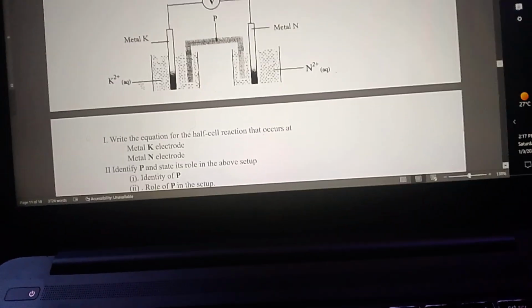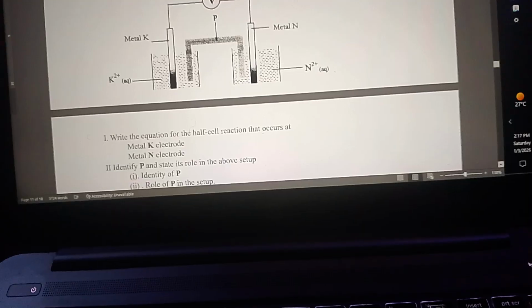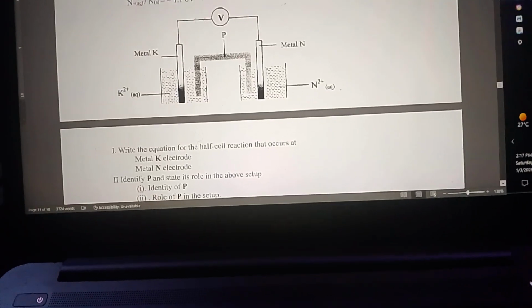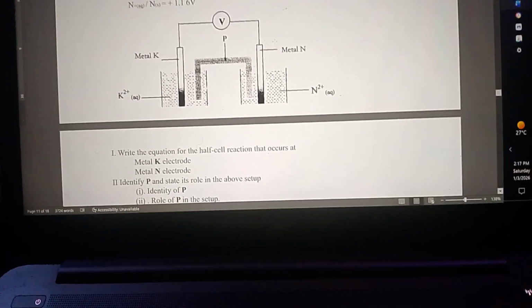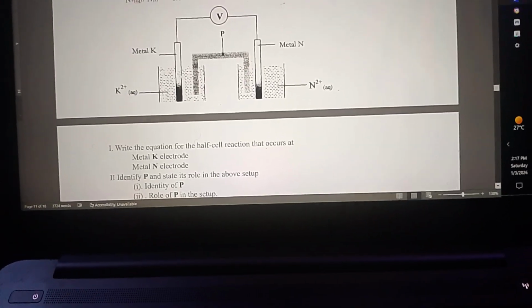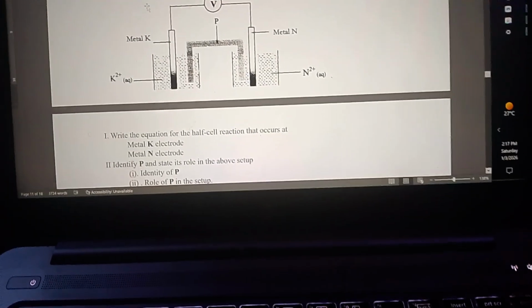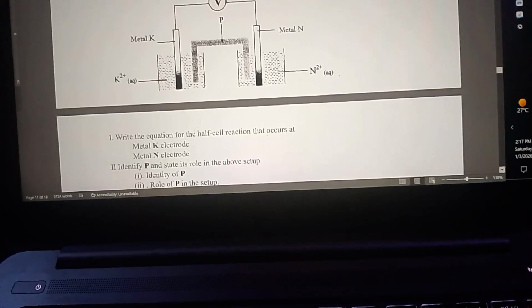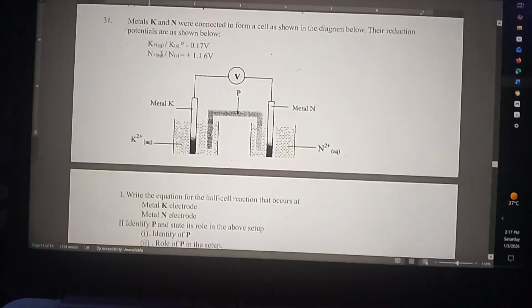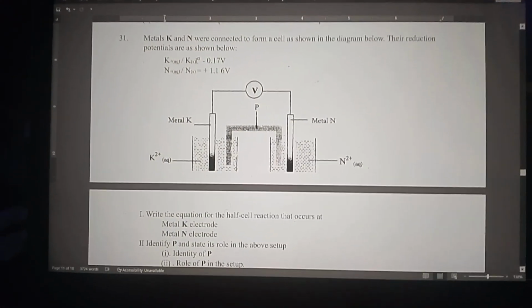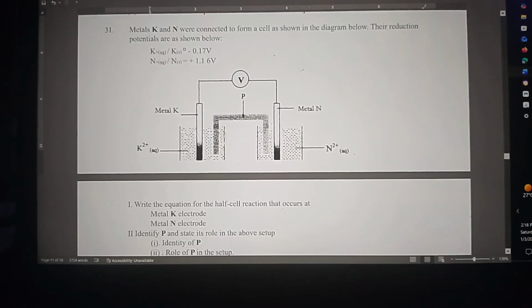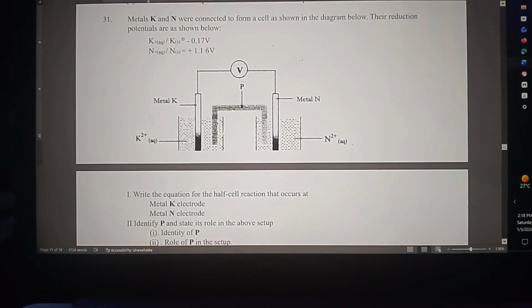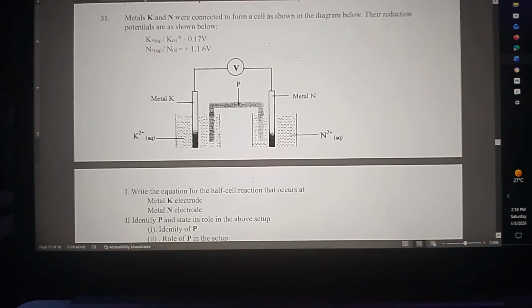Okay, so when you want to understand this full cell, the E cell, then you remember that you can use several ways. You can use formulas, you can use different ways of understanding which side is going to be pulling electrons to which side.